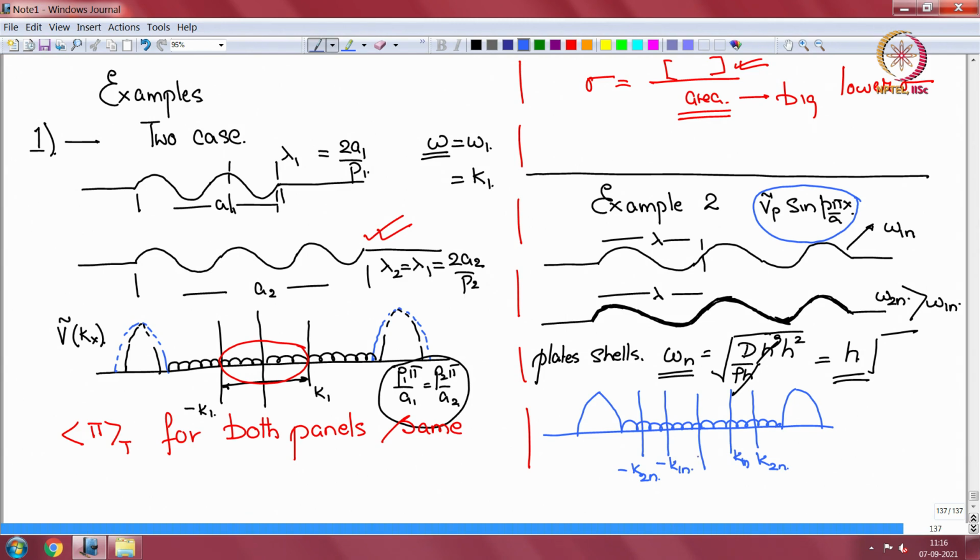Therefore for the first plate you get a smaller range of wave numbers included. So the power radiated by the first plate is lower, and hence sigma, the radiation efficiency, is lower.